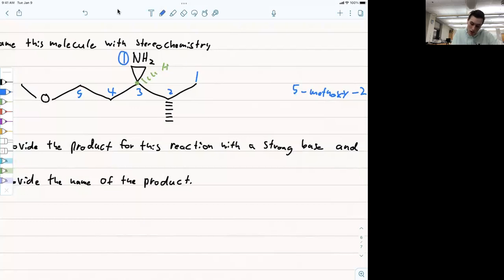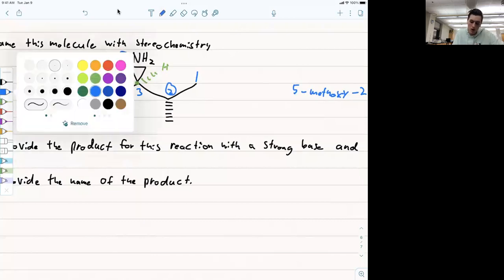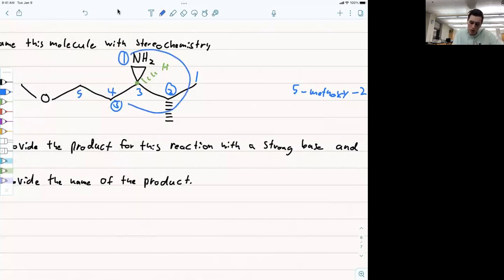I have 1, and then this one is priority 2 because this is going to be CH, and then I have both a CH3 and a CH3 and a hydrogen, and over here I just have CH2 and 2 hydrogens. So this will be higher priority, and then priority 3 is over here, making this an R rotation.